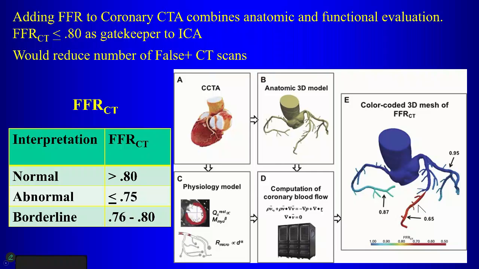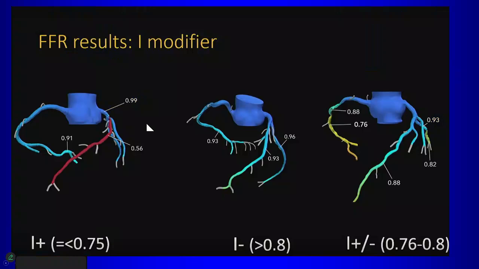If it is, that's an indication that you have a physiologically significant stenosis. So this helps to improve the specificity of CT when fractional flow reserve is added when you have a lesion that you detect on your anatomic evaluation.